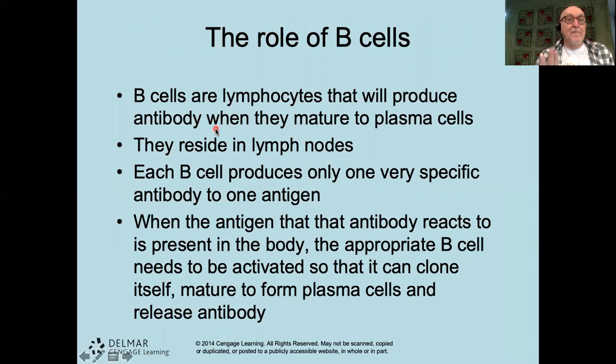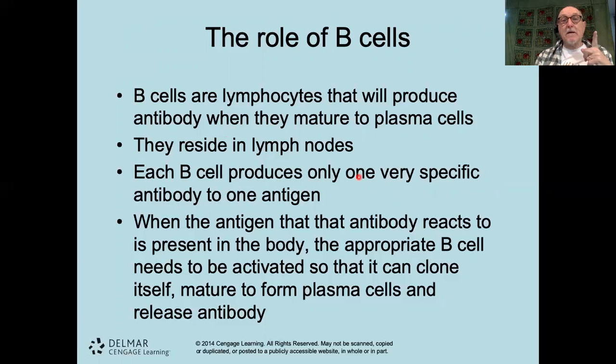So the B cells are lymphocytes. They will ultimately produce antibody. When they do so, they mature to these cells, the plasma cells. They spend most of their time residing in the lymph nodes, waiting to be activated.